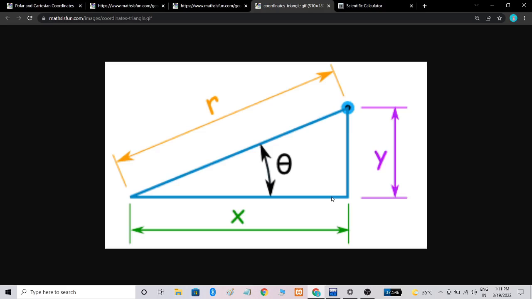The side here, r, which is on the hypotenuse, we are going to calculate r, and theta we are going to calculate. Okay.